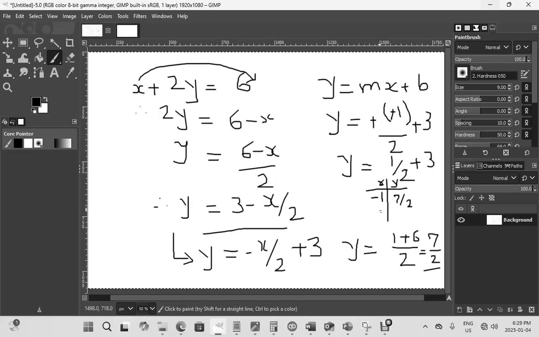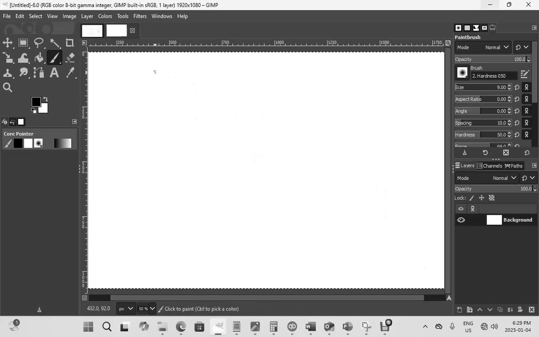You can sub in the values for x to get the rest of the y coordinates for you to graph this equation. Now, when it comes to your quadratic equation, your parabola, let's say this is y equals 4x squared.